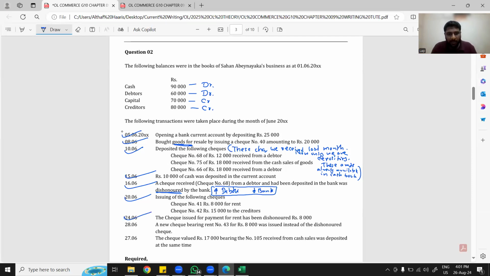A new check bearing number 43, 8,000 was issued instead of the dishonored check. So instead of number 41, we are issuing another check, 43. We are issuing a new check. So the correct entry will be to reduce that liability and record the expense. From the bank you have to reduce it.